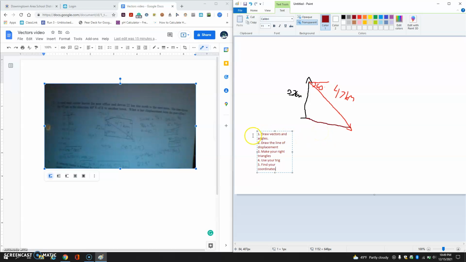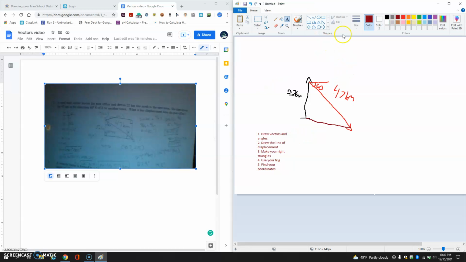So, we did step 1. Draw your vectors and angles. We did that. We drew the line of displacement, which is this line right here. I'll put a question mark because we don't know that. That's what we're trying to figure out. Since it's not a right triangle, we cannot use right triangle trig.